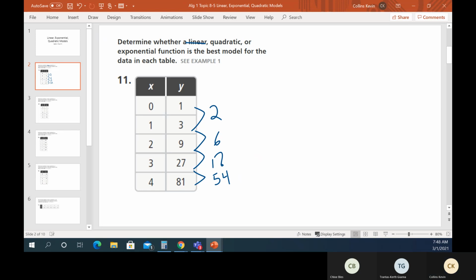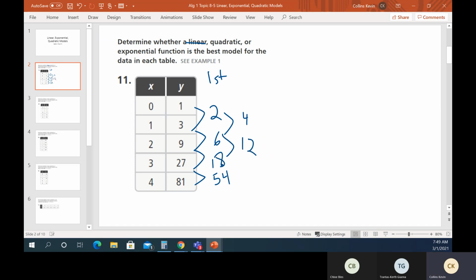Then we take these and find what's known as the second differences. These are the first differences. If the second differences line up, then we have a quadratic. So I go from 2 to 6, that's 4. From 6 to 18, that's 12.